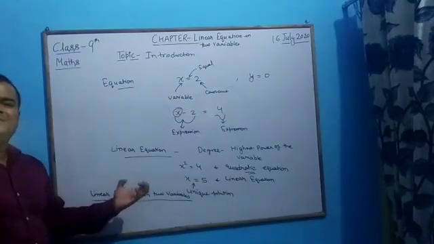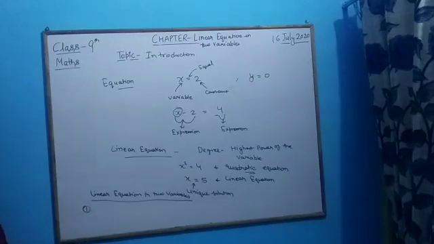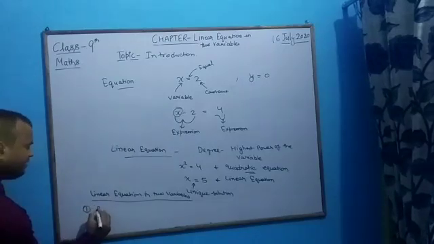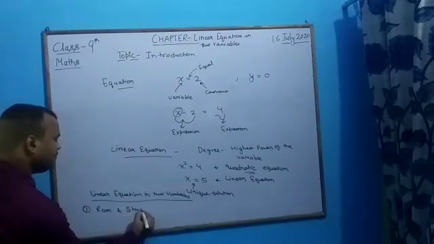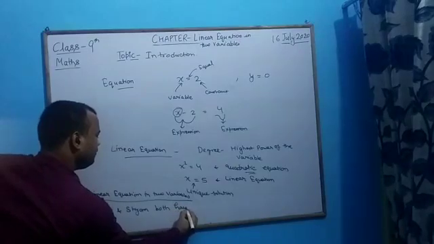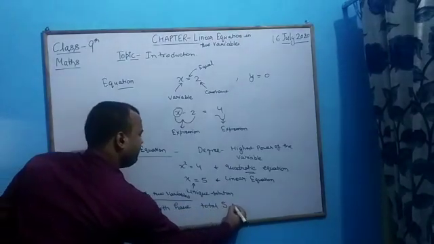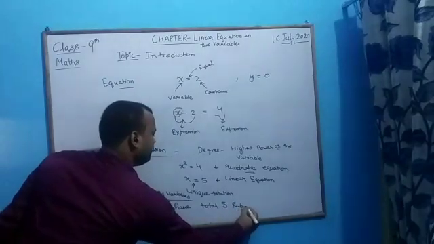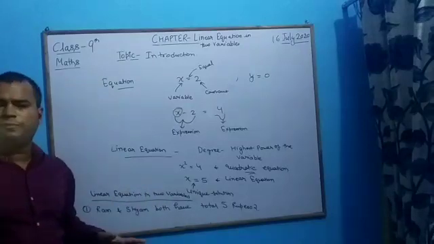I am giving a very simple example of linear equation in two variables. There are two friends, Ram and Shyam. Ram and Shyam both have total 5 rupees.